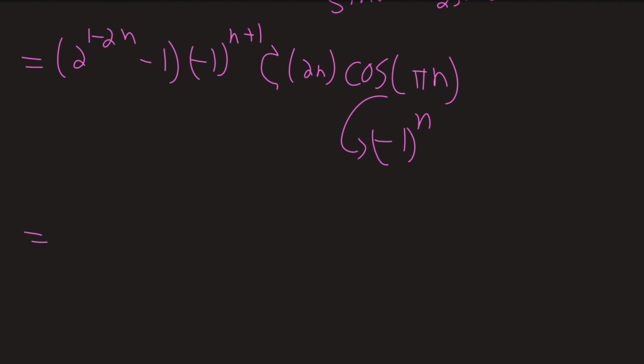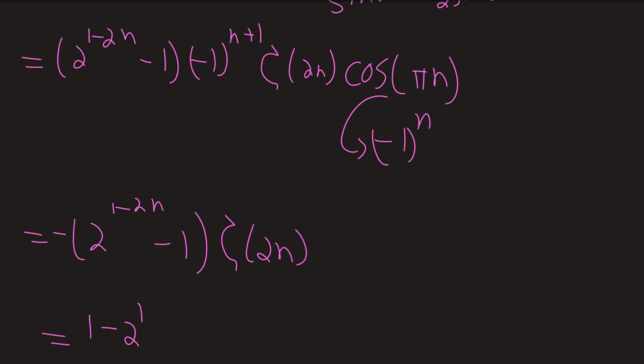And as such, what we find is that we have negative 2 to the 1 minus 2n minus 1 times zeta of 2n. But we can just distribute the negative sign, and what we find is that this is just equal to 1 minus 2 to the 1 minus 2n times zeta of 2n.